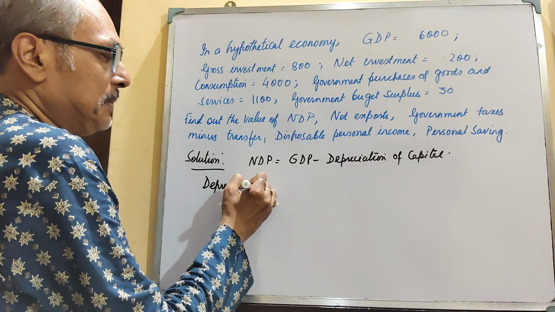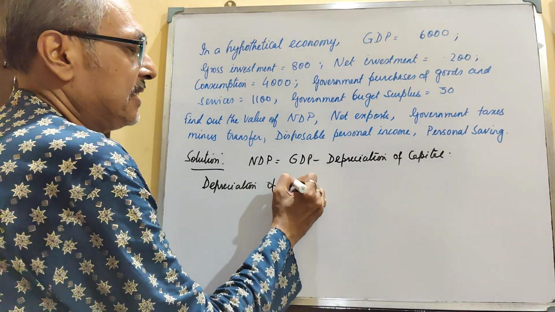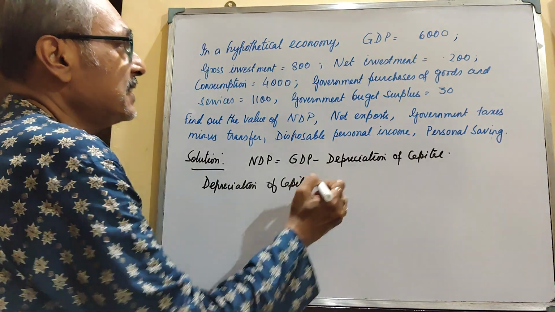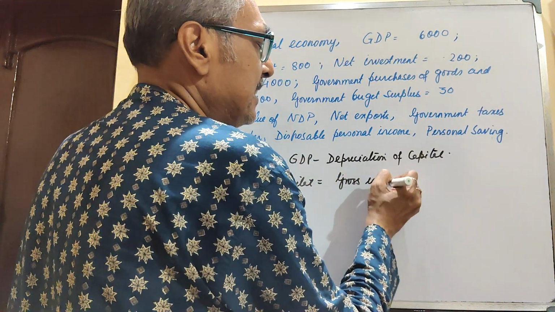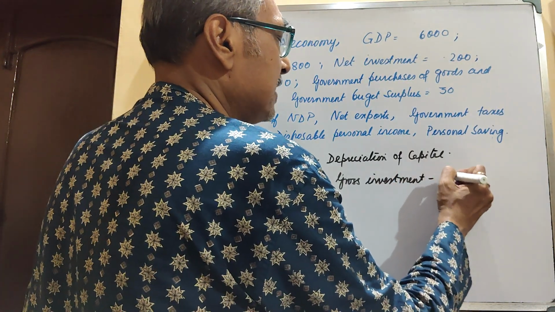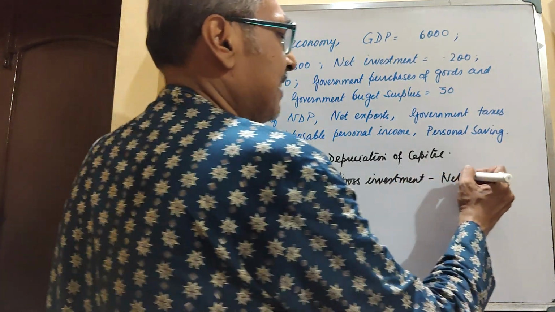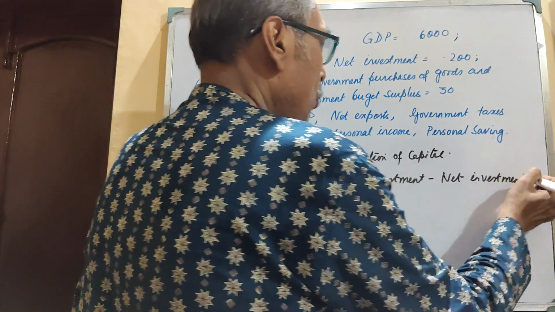Depreciation of capital equals gross investment minus net investment. What is the value of gross investment? This is 800 and net investment is 200.